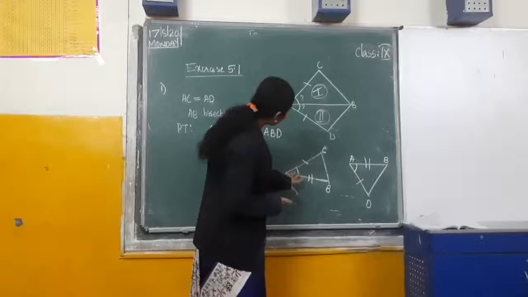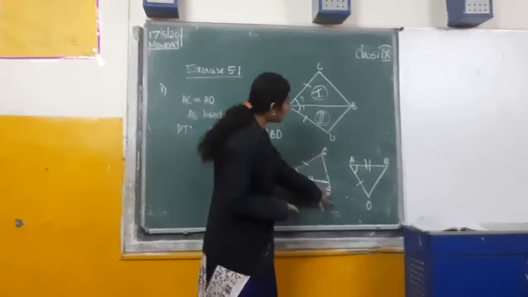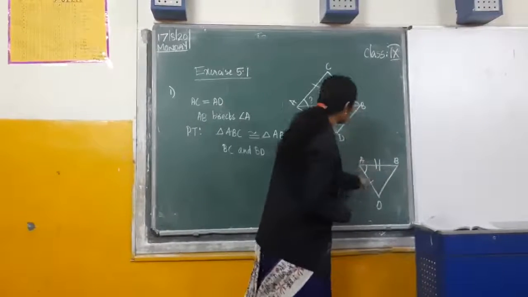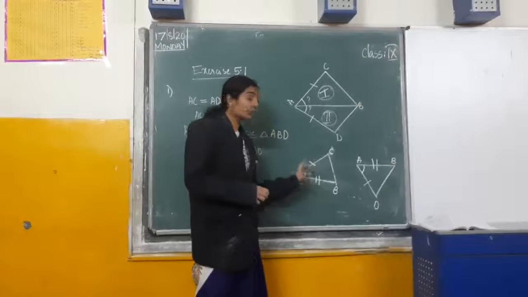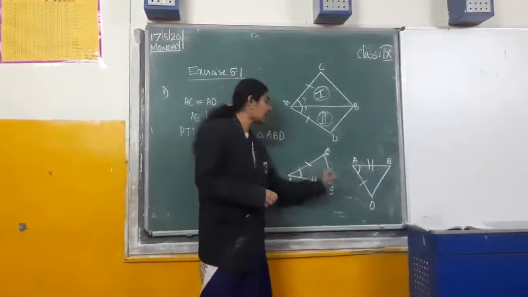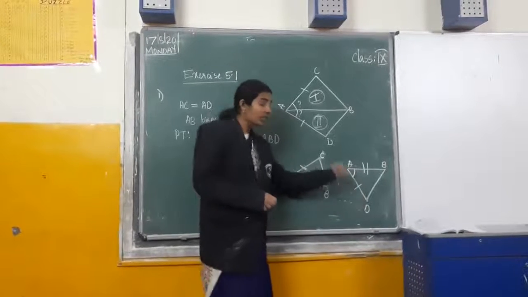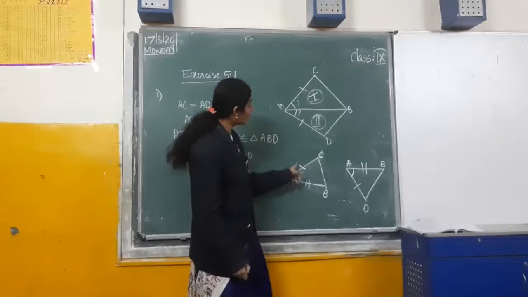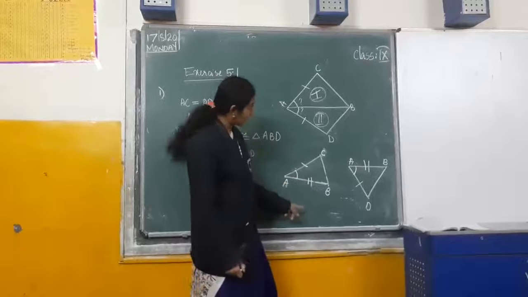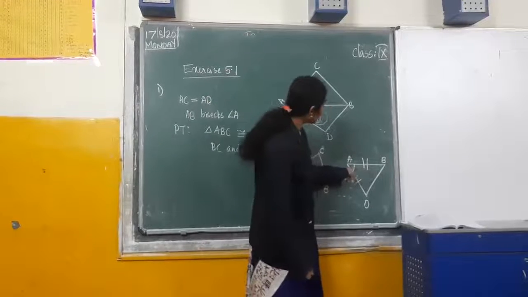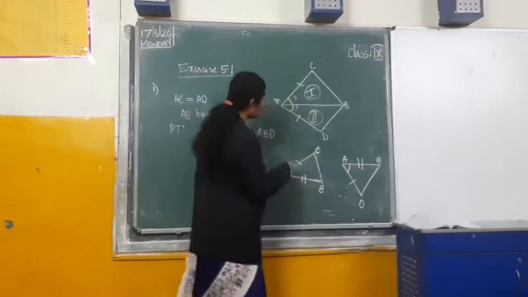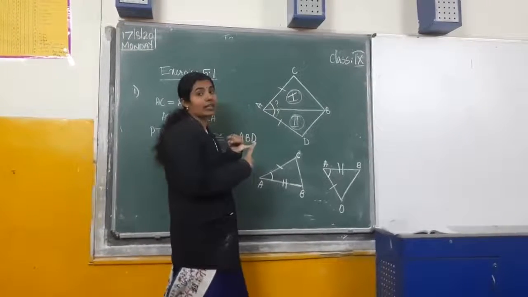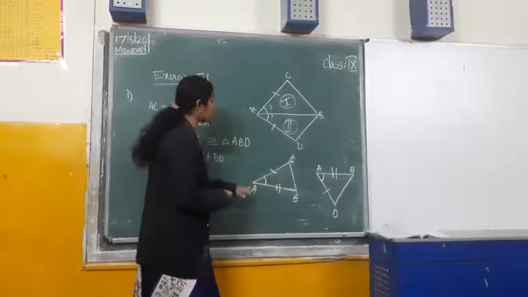Angle CAB is equal to angle DAB. So two sides of the first triangle are equal to two sides of the second triangle, and the included angle between these two sides is equal to the included angle between the other two sides. That means these two triangles are congruent by this rule: two sides and one included angle. That means SAS congruence rule.